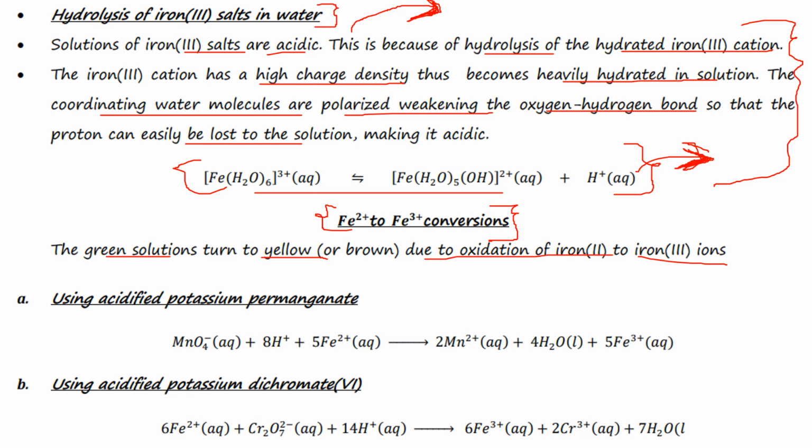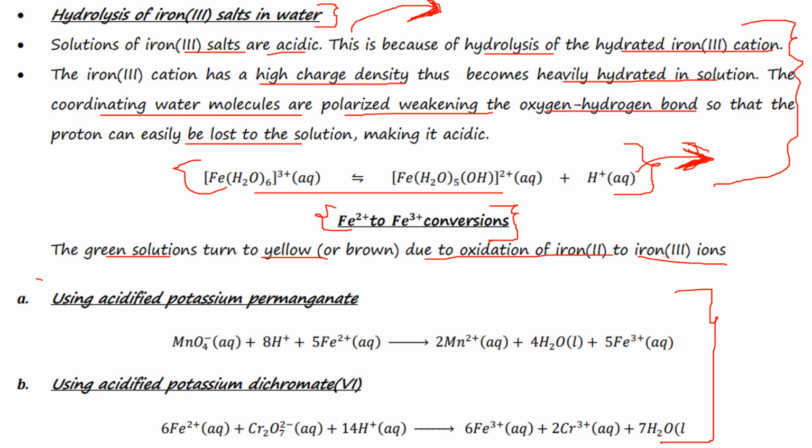For us to increase the oxidation state, we need to deal with oxidizing agents. But remember that wherever we have oxidation, we also have reduction, and therefore the majority of the reagents you're going to deal with are redox reactions.